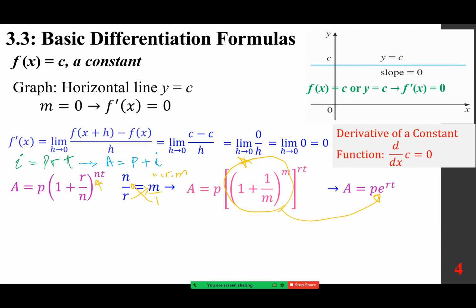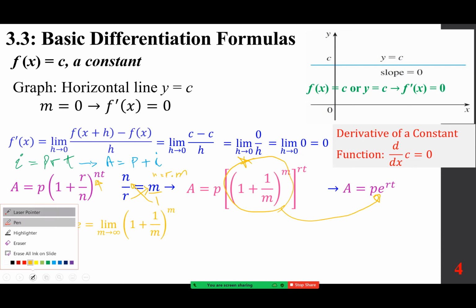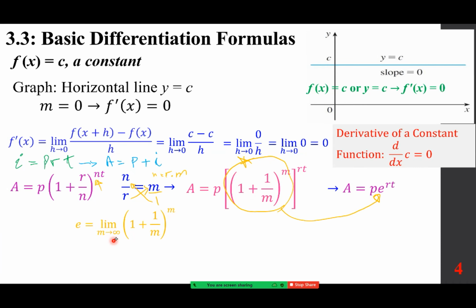This is e. So what does it tell us? What we learned in algebra, and that is that e is the limit of this expression 1 plus 1 over m to the power of m as m approaches infinity. And sometimes they use just any other variable like x, like n, you name it.